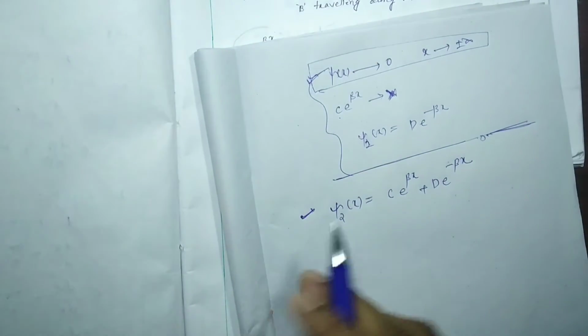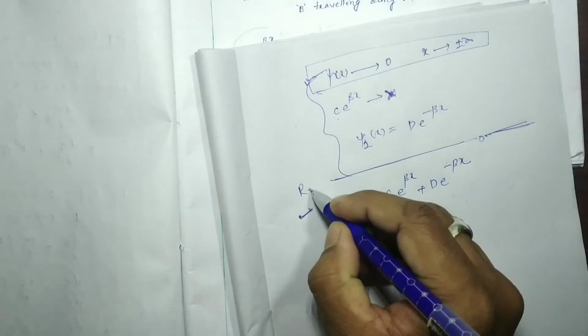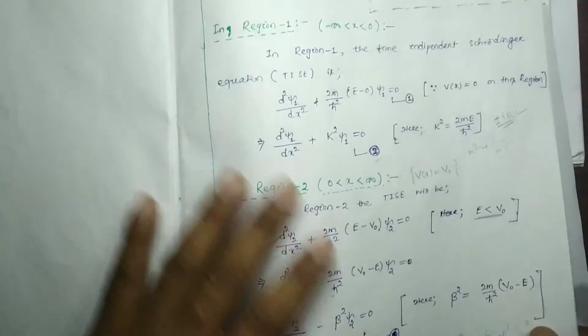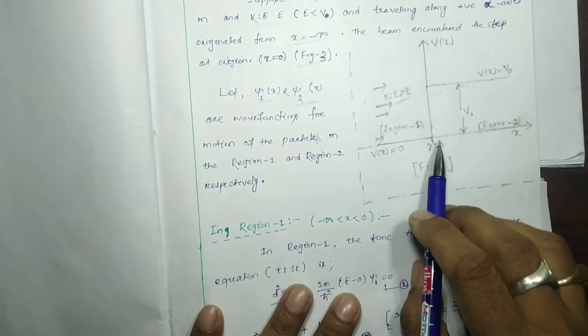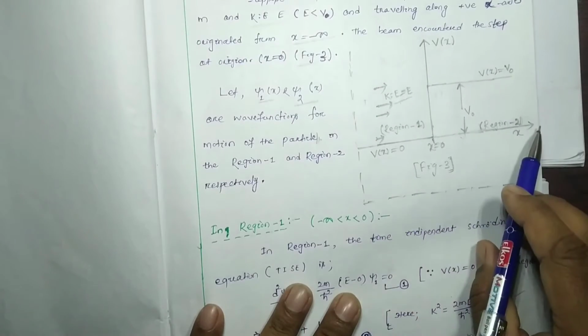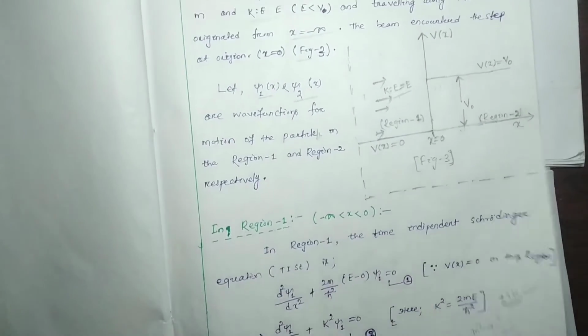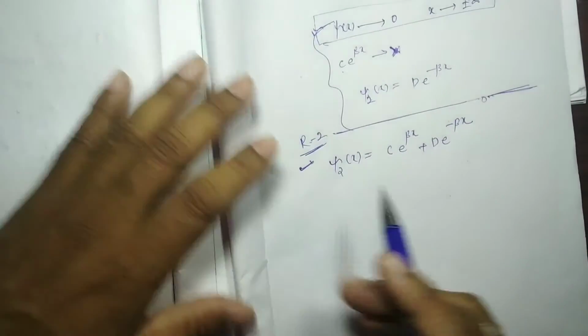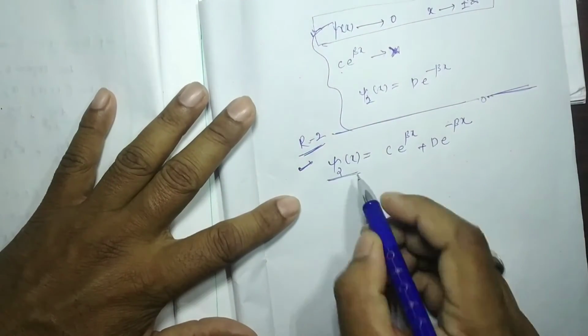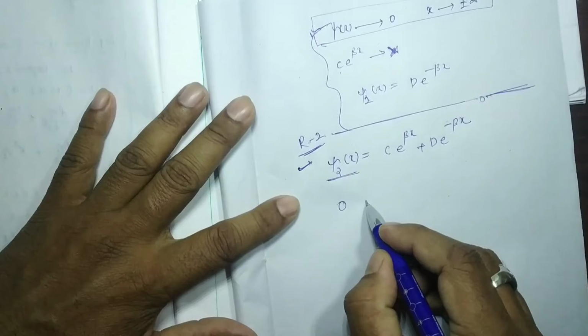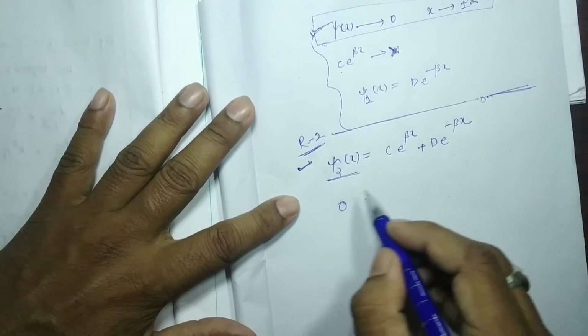Here, in region 2, x is increasing up to plus infinity, so we have to consider that psi 2 has to be 0 when x tends to infinity.